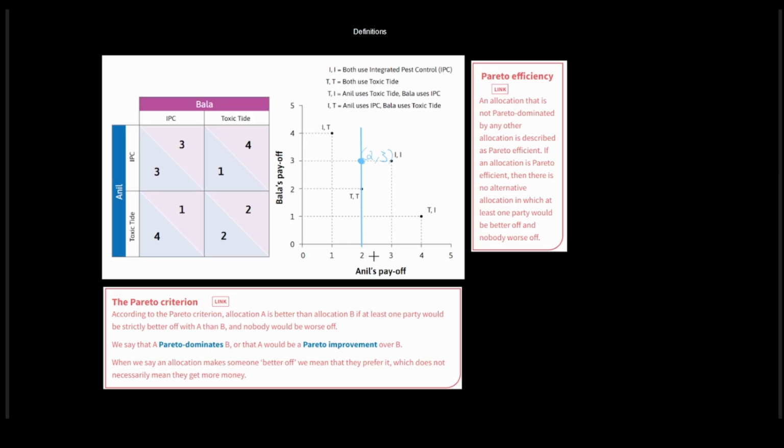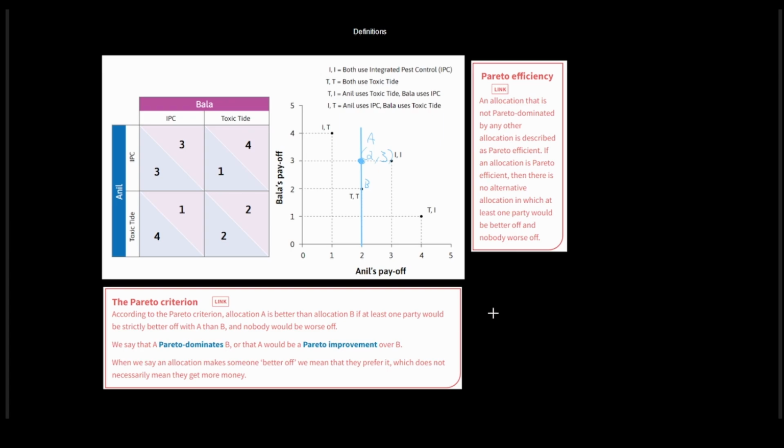At 2, 3, Anil is no worse off, but Bala is better off. So in that case we would prefer this one. We can say this would be allocation A to allocation B, and we would prefer allocation A to B because one person is better off and no one is worse off in this scenario. So we would say that A Pareto dominates B, or that A would be a Pareto improvement over B. We are doing better.